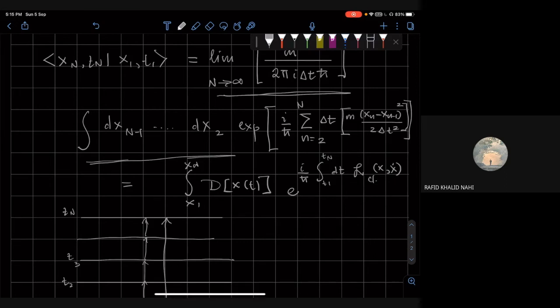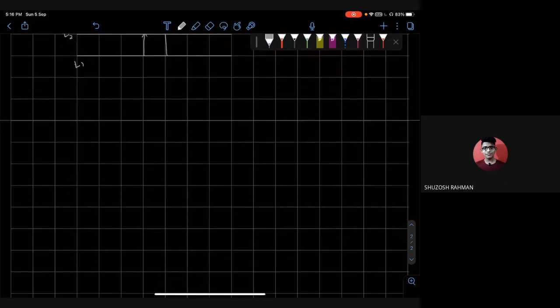So let us now do the path integral for the free particle. Any questions? No, sir. Okay, so we'll basically just have to do a Gaussian integral.